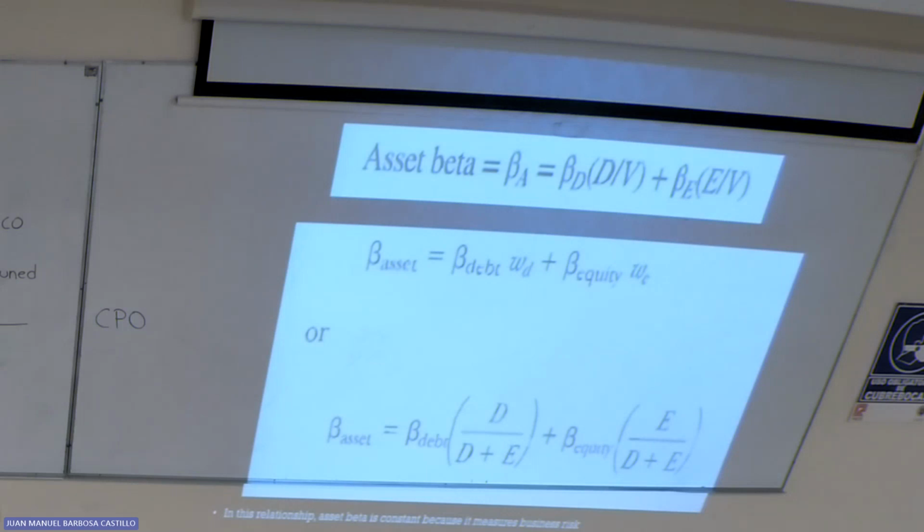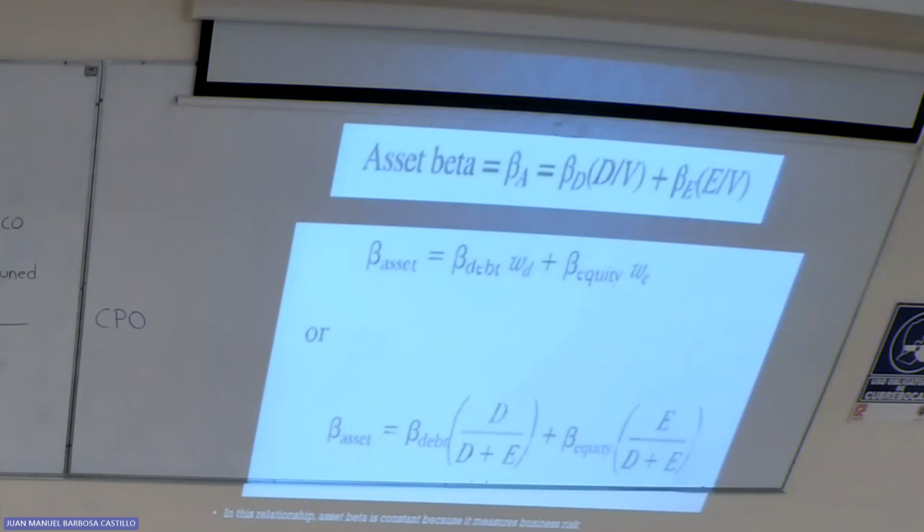And because asset beta is a weighted average of the debt beta and equity beta for a company at a certain point in time, equity beta will always be higher than asset beta.